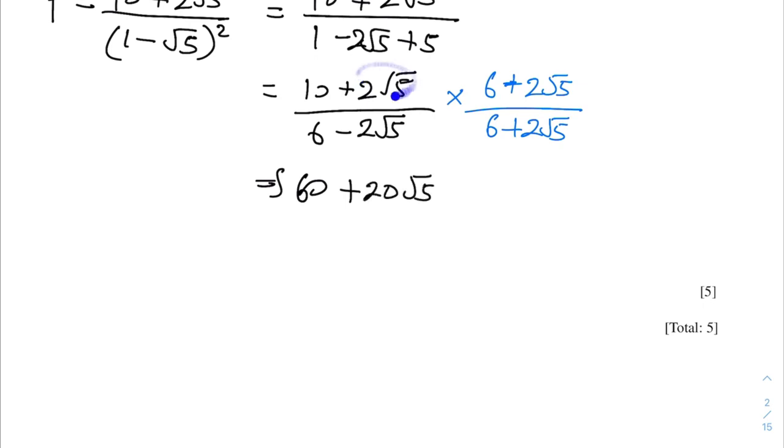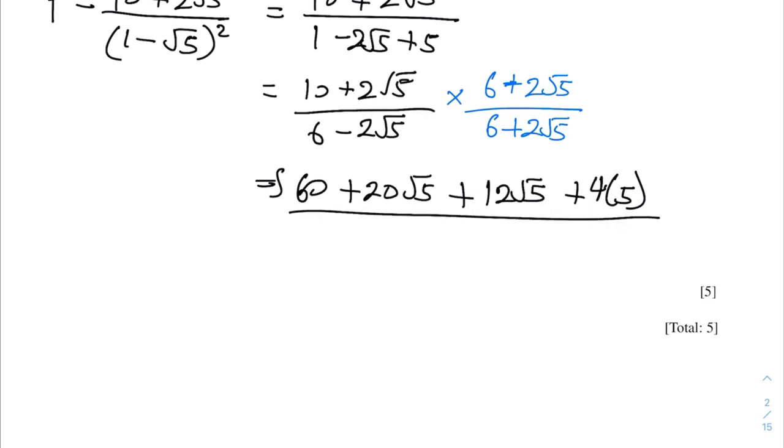Then I'm going to use this 2 root 5 to multiply everything out here. So I'm going to get 12 root 5. That means 6 multiplies 2. All right, then plus I have 4 into 5. Why? Because here the 2 multiplies the 2 and the root 5 multiplies root 5, giving me 5.